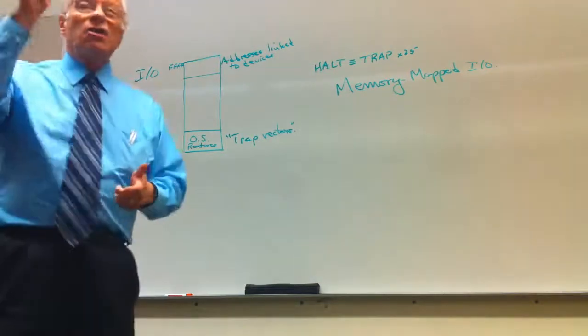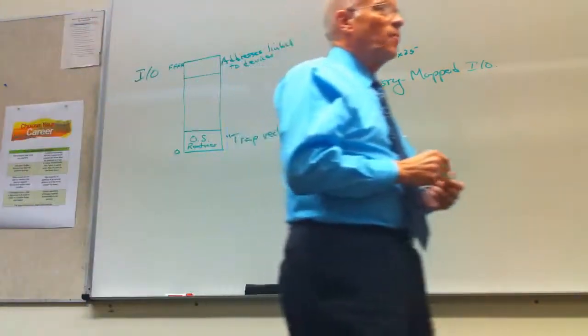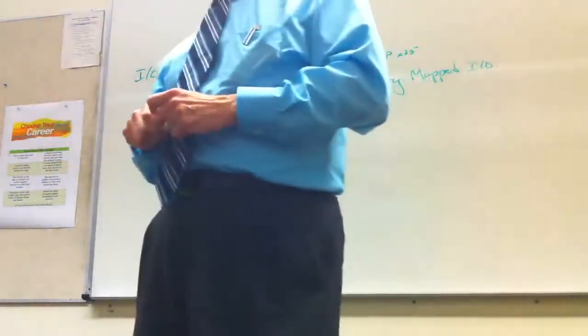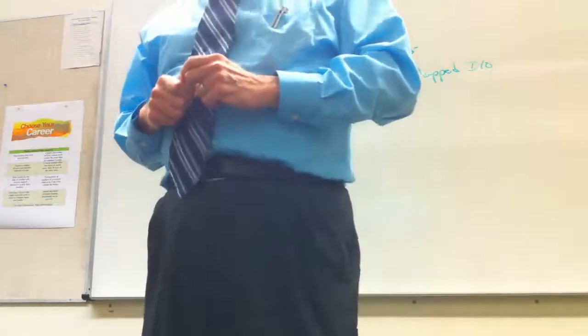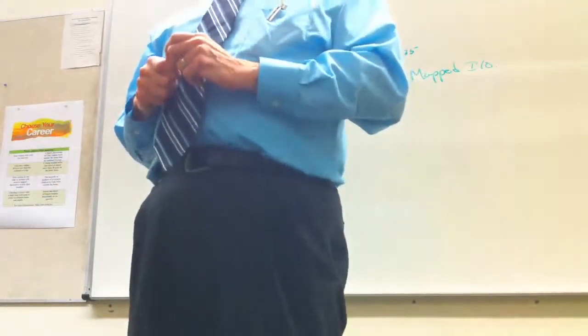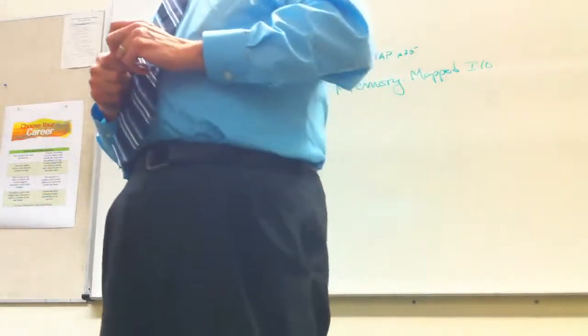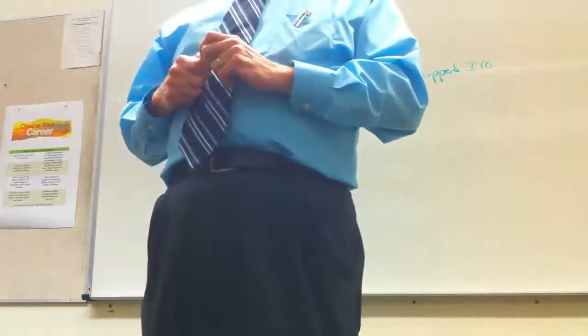Now, that concept is simple enough. The problem is, compared to the processor, you are incredibly slow. I don't care how good a typist you are, if you can run 200 words a minute, the computer can still outdo you.